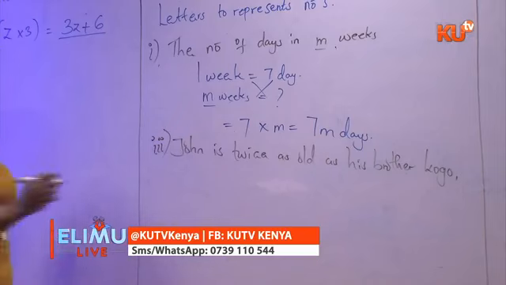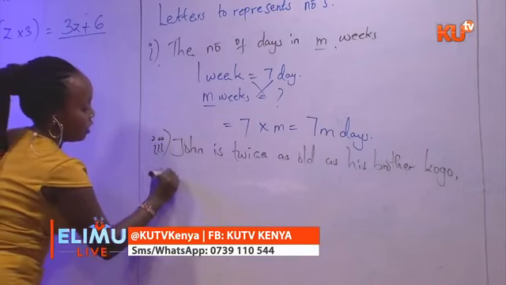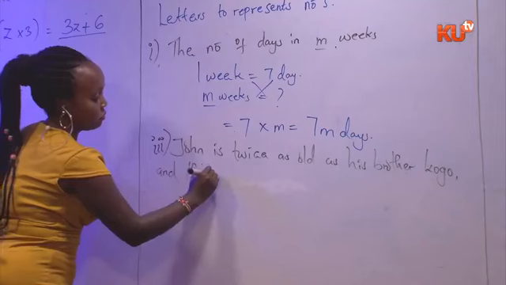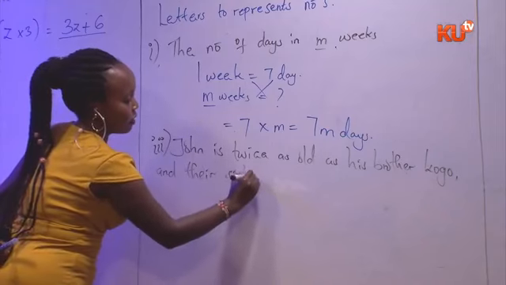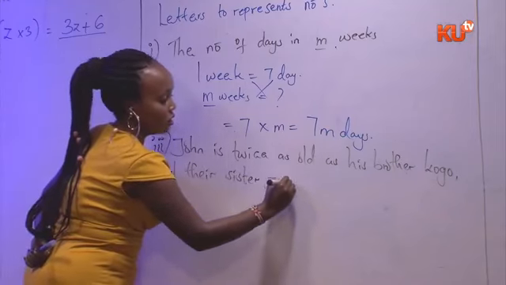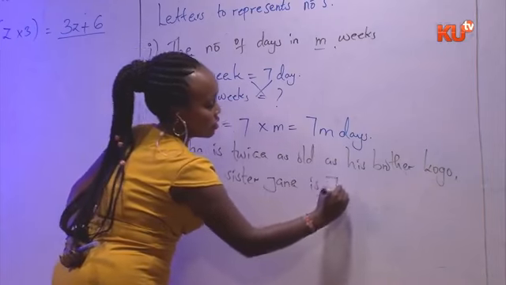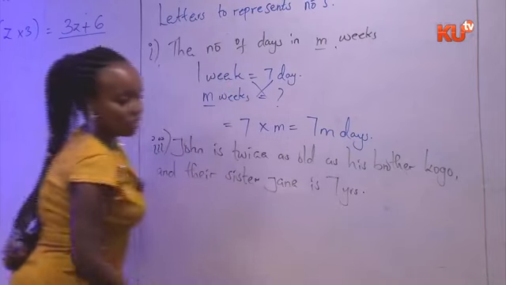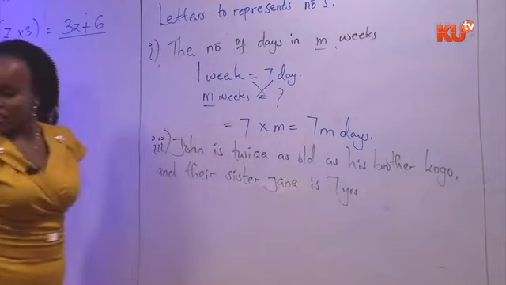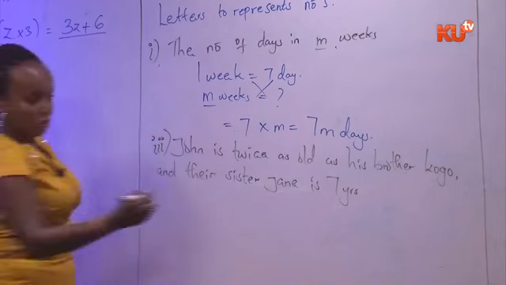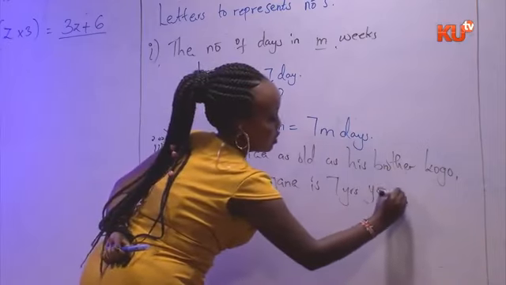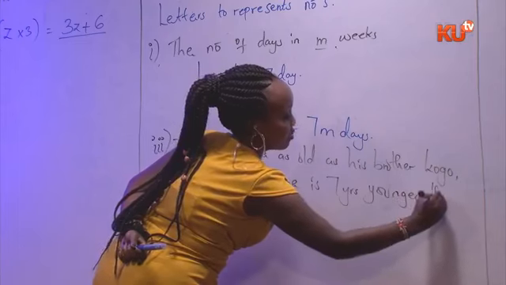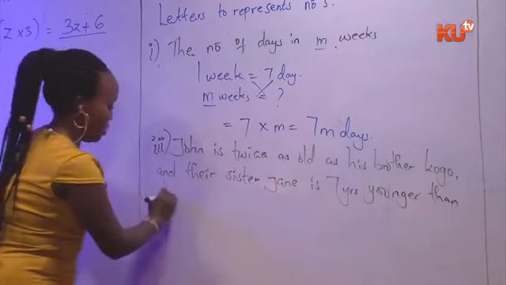And their sister Jen is 7 years younger than Kogo.